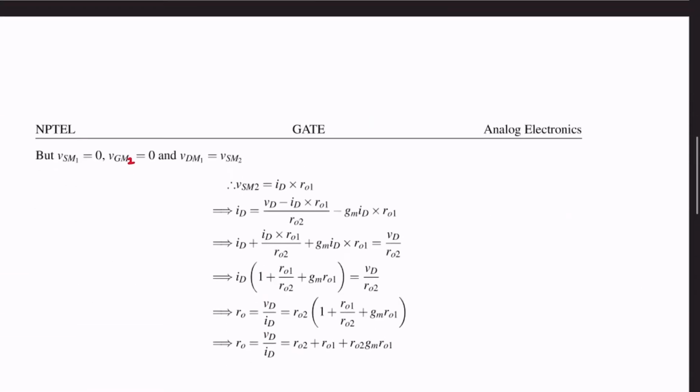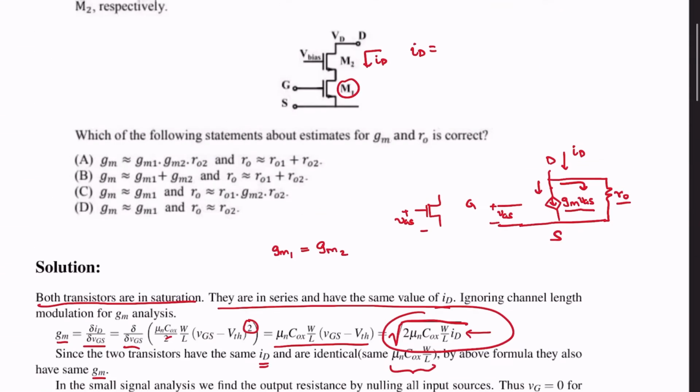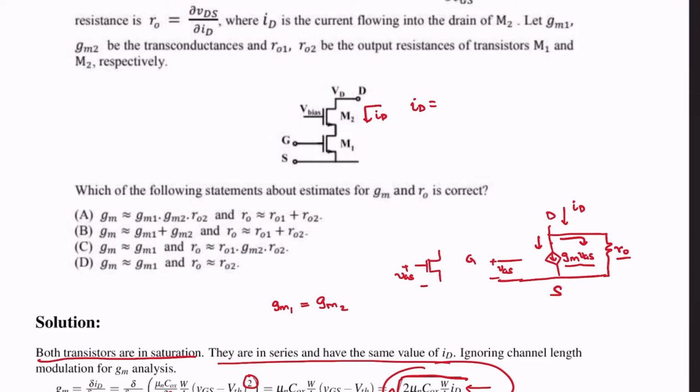But from this circuit we can see the following facts, which is that Vs M1 is equal to 0. Because this is small signal, we null all DC sources, which is to say that an input DC bias voltage gets nulled, that is, it becomes 0.